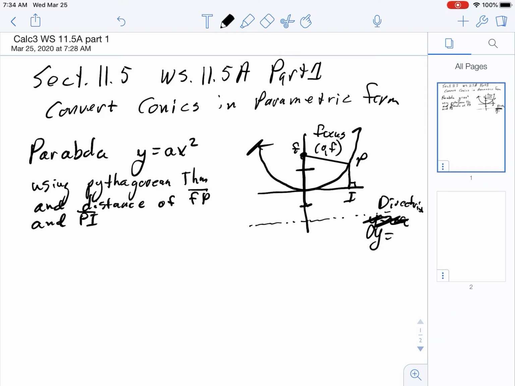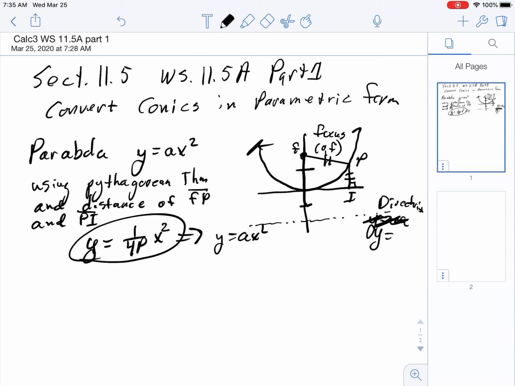And basically, by using the Pythagorean theorem and those two distances, and these two distances are always congruent, so this would be congruent to this, and plugging into the Pythagorean theorem, you get a distance equation of y equals 1 over 4p x squared. And lo and behold, if this is the distance equation, that implies that this has to be the same thing as y equals ax squared.